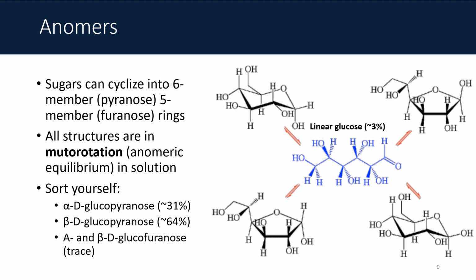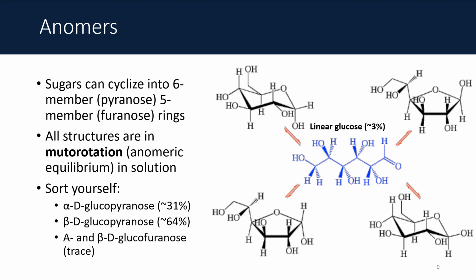So I hope you can begin to appreciate the structural messiness that carbohydrates bring to the table. I mean, first we started with isomers, and then the isomers can cyclize, so they can be linear or cyclic. And when they cyclize, they form the alpha anomer or the beta anomer.